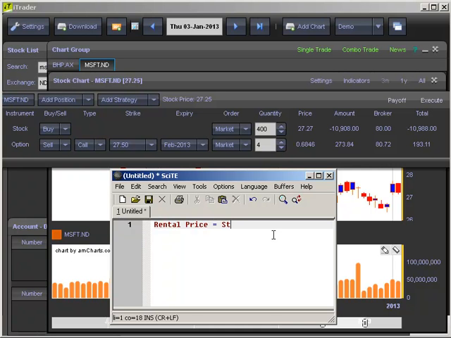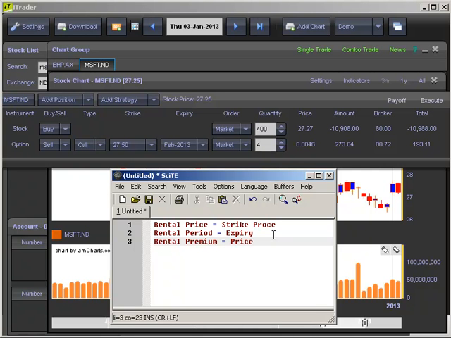equals the strike price. The rental period equals the expiry, and in this case, 15th of February 2013. The rental premium, or the rent that we get, equals the price of the trade.